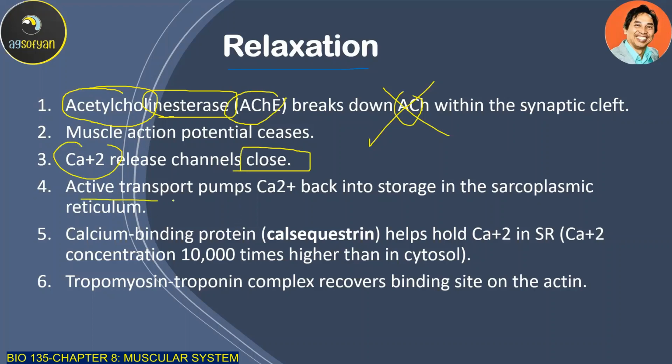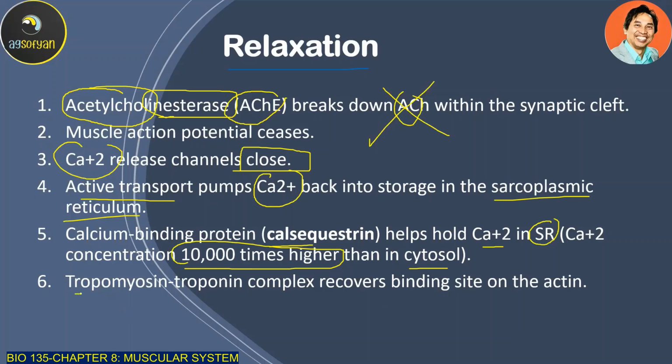And then the active transport pump will pump the calcium back into the SR. And then the calcium binding protein, calsequestrin, will help hold calcium in the SR. So it will stay in the SR about 10,000 times higher than the calcium concentration in the cytosol, in the sarcoplasm.